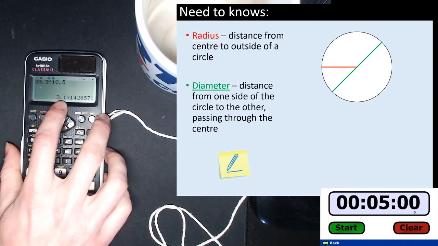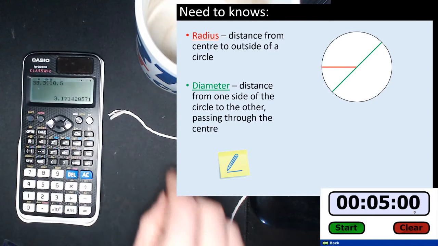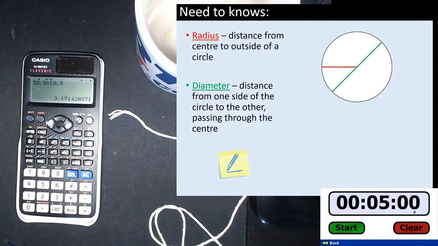Now I got 3.17, so that's because my measurements weren't exact. There was a little bit of inaccuracy there. But what we should get really close to is a particular number, and that number is pi. There we go. Our number pi being 3.14159, and so on.